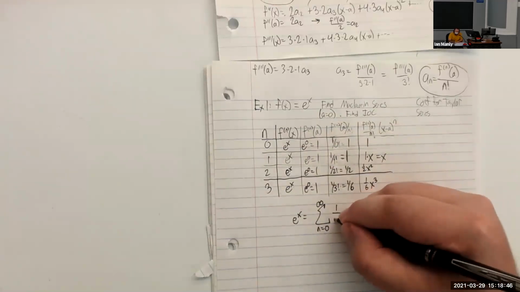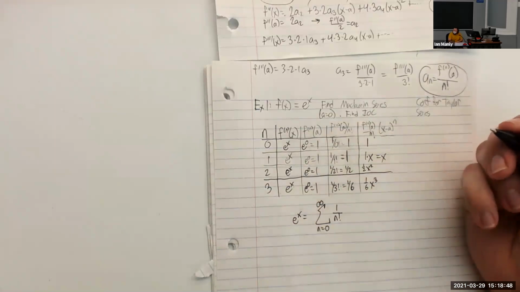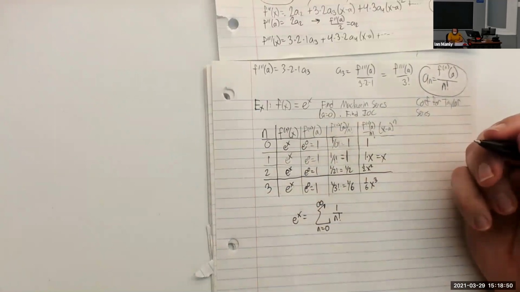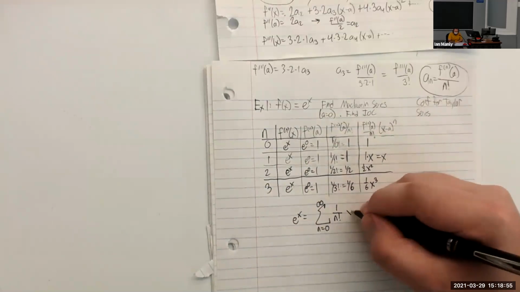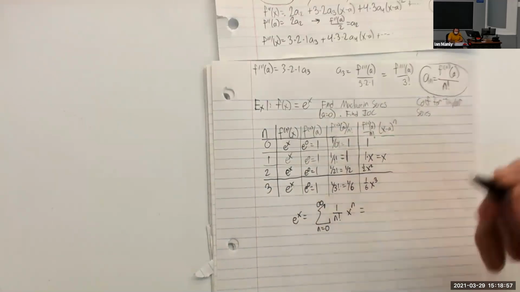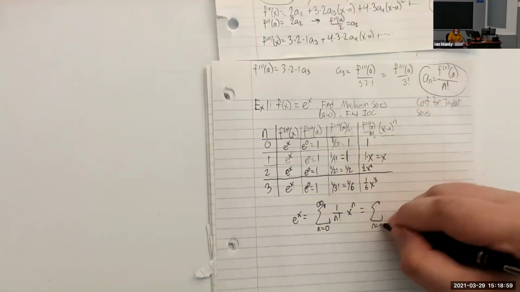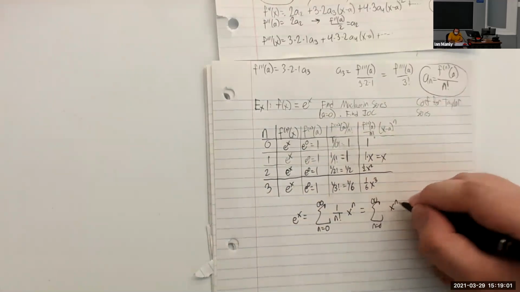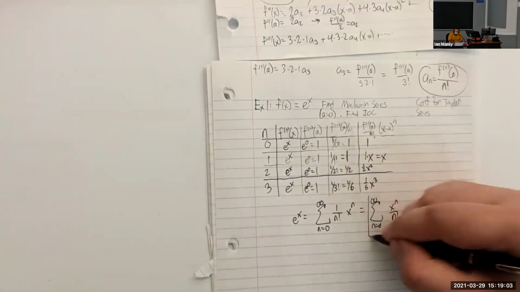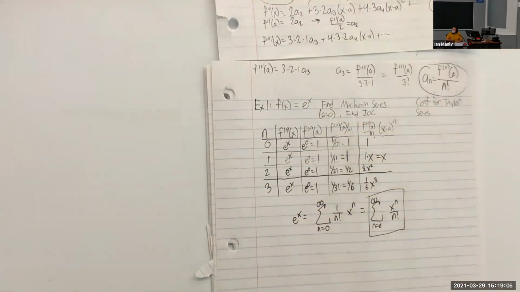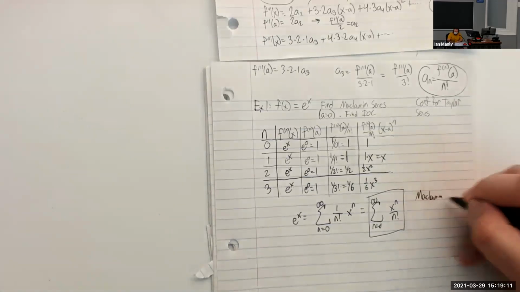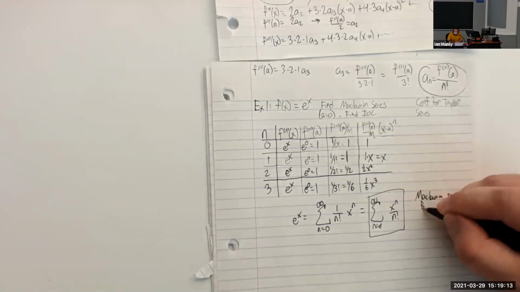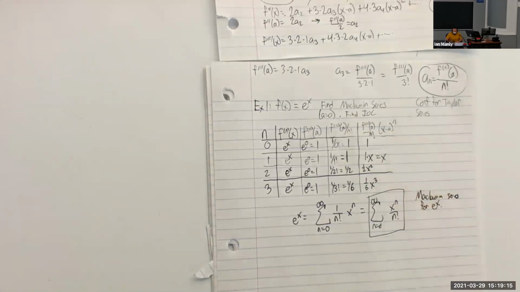So the pattern is whatever n is, we divide by that factorial, and then we stick x to the matching power next to it. So our series for e to the x ends up being the sum of x to the n over n factorial. This is our Maclaurin series because it's centered at a equals 0, for e to the x.